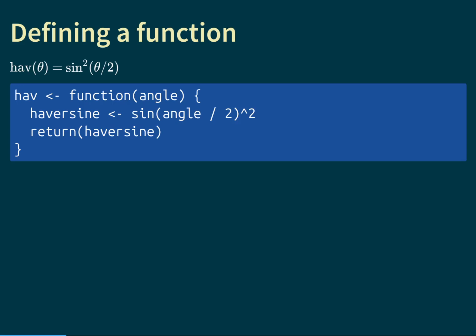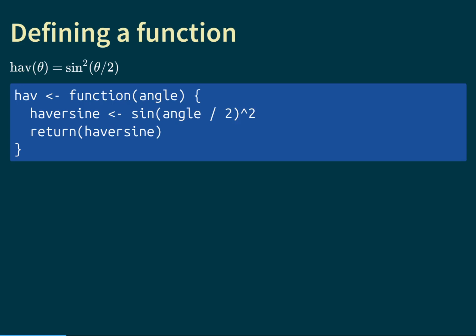Then there's a pair of curly braces, so an opening curly brace and a closing curly brace at the very end of the function, and in between those curly braces is where the body of the function goes. And the body of the function in this case consists of two simple expressions. The first one is an assignment.